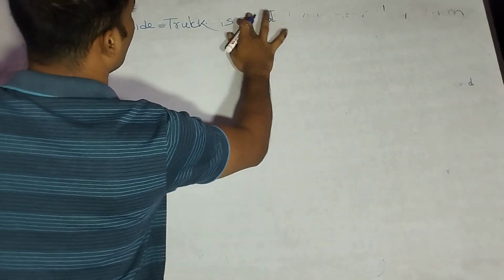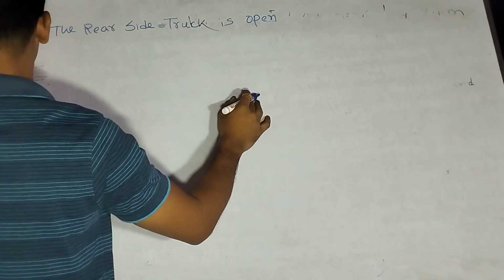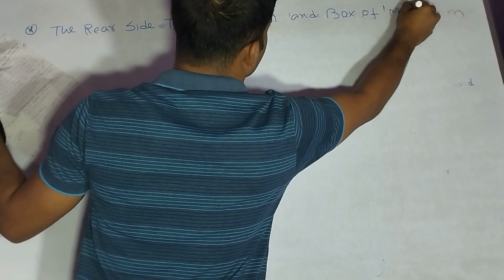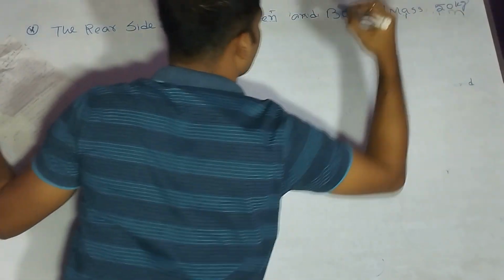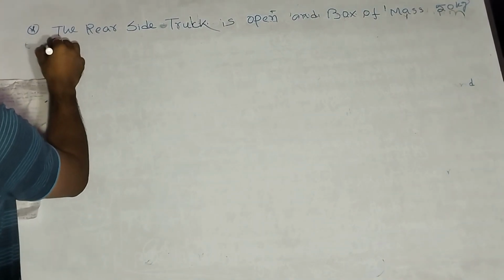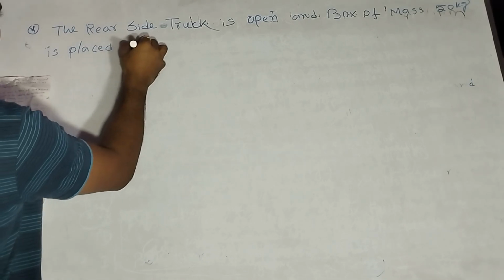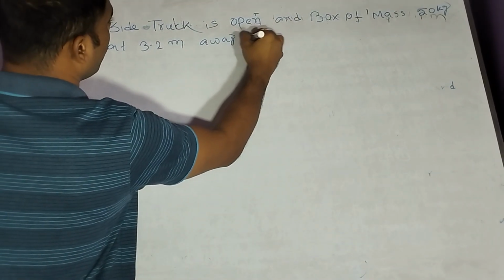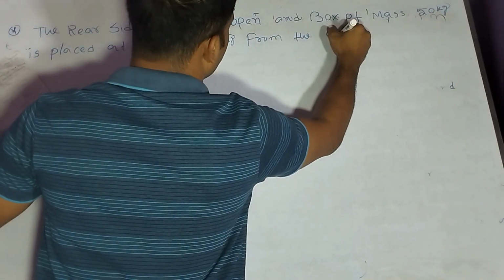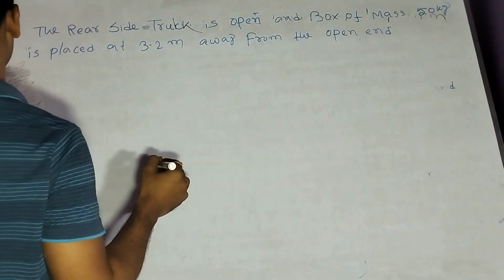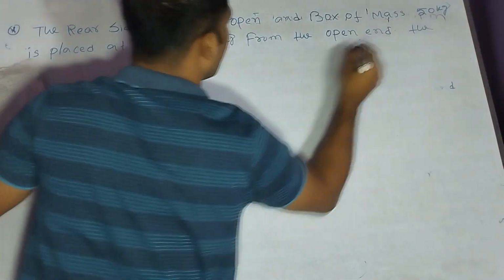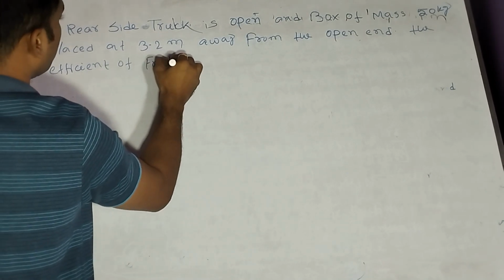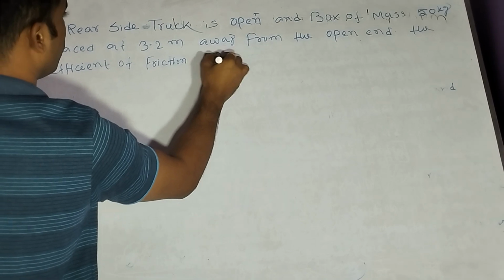The rear side of the truck is open, and a box of mass 50 kg is placed 3.2 meter away from the open end. The coefficient of friction is 0.2.